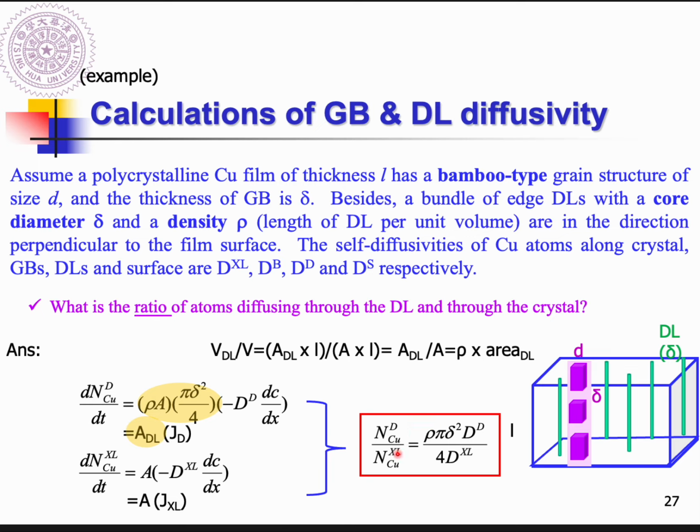Some people will probably ask: here this is the grain, but here we use A. Why don't we use A minus the area of grain boundary and minus the area of dislocation? But in most cases, the volume fraction or area fraction of crystal imperfection sites is quite small.